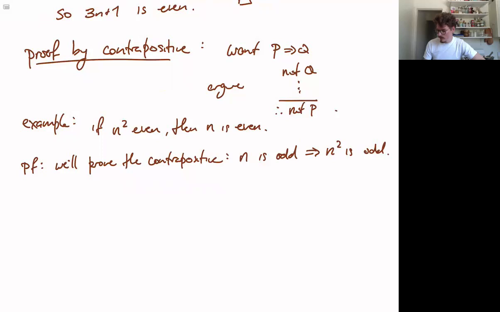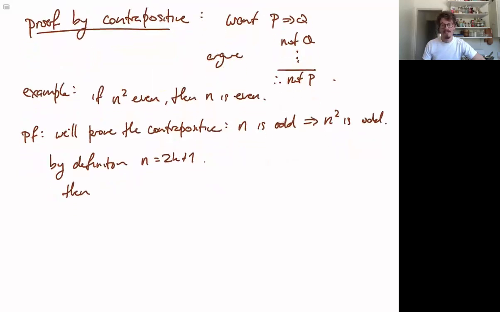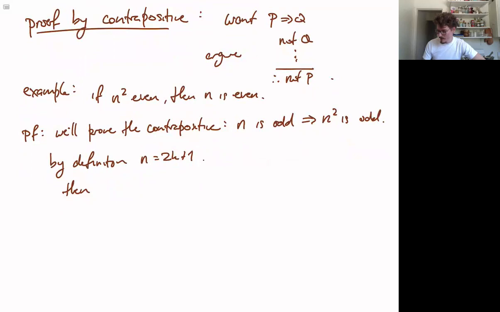So by definition, we can write n equals 2k plus 1. And then we can just do some nice arithmetic. n squared is equal to (2k plus 1) squared, which is, if you FOIL it out, 4k squared plus 4k plus 1.